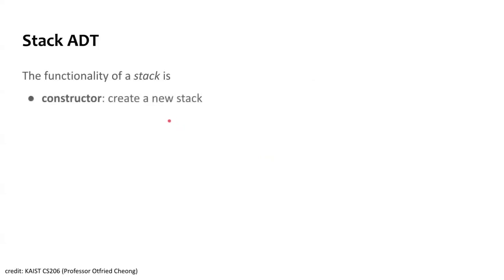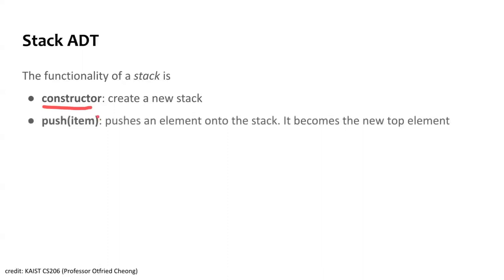And the stack ADT looks like this. We first need to be able to construct or make stacks, and that is supported by the constructor. And we can push new items: push puts an element on the top, and it becomes the new top element.